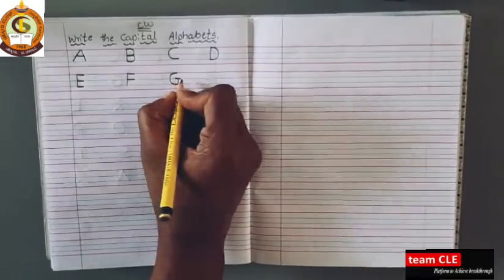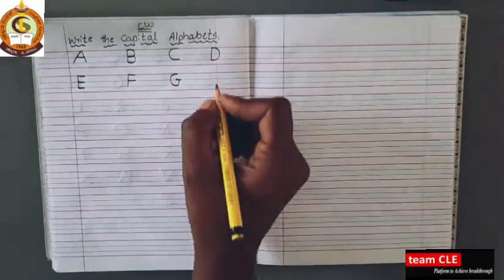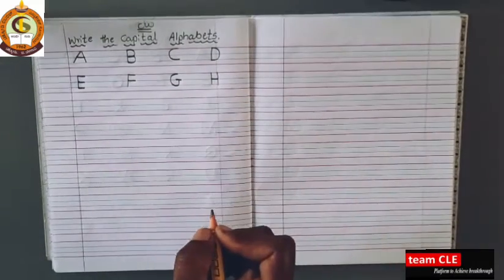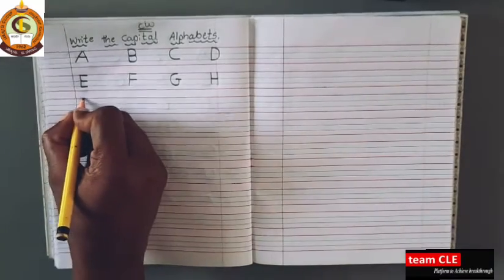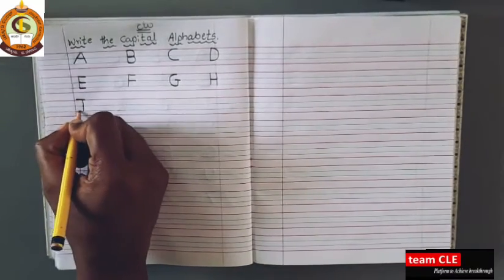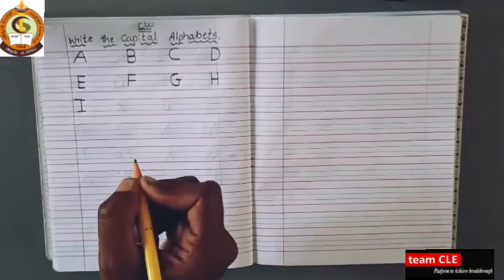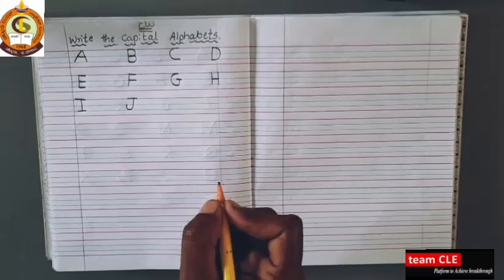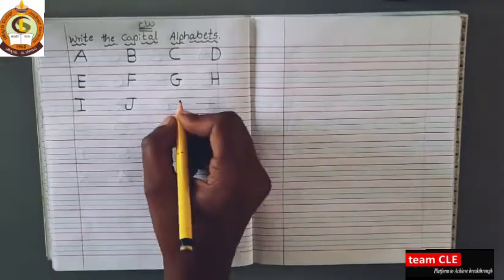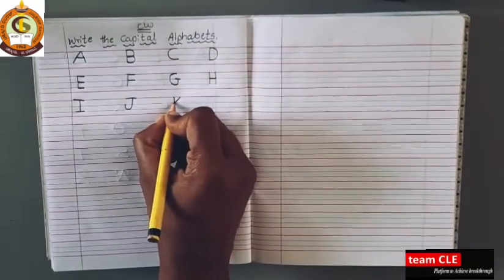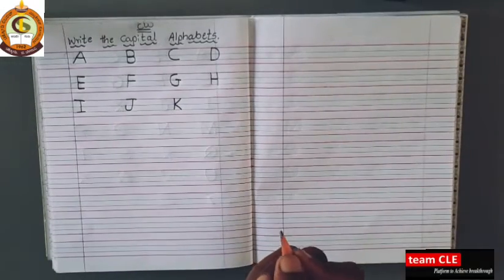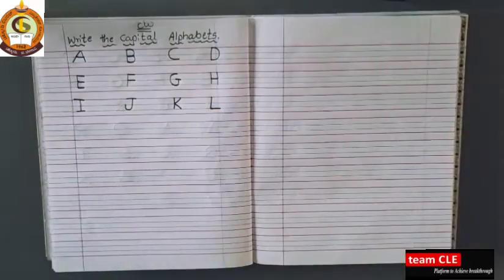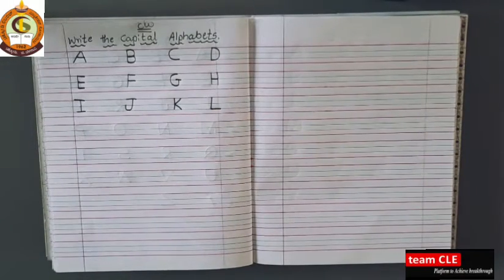G. G for goat. H. H for hen. I for ice cream. J. J for jug. K. K for kite. L. L for lion.